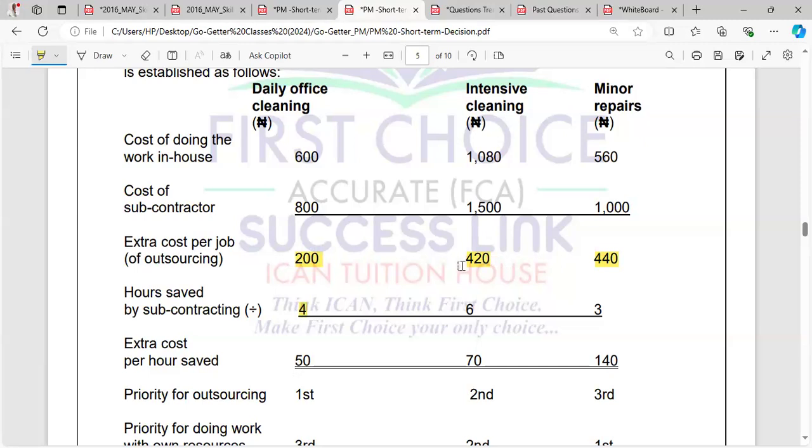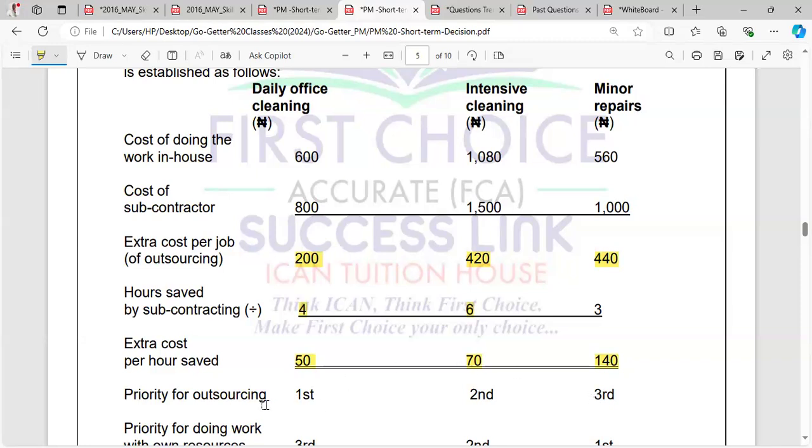Now, the same thing here: 420 is the extra you are paying, 6 hours is the number of hours per job. When you divide, it means 70 naira per hour. And the same thing here, 140 naira per hour. So 50 naira per hour is the least cost you are saving.